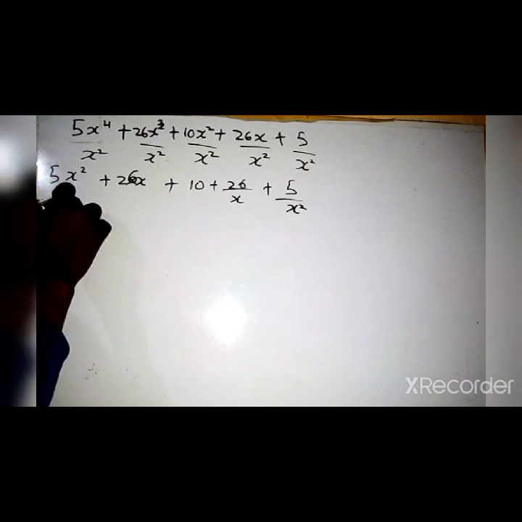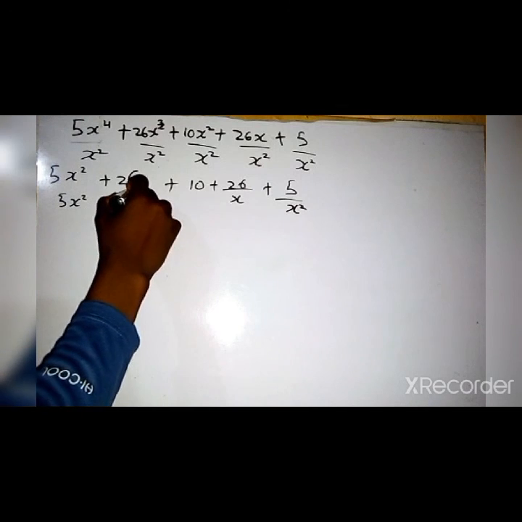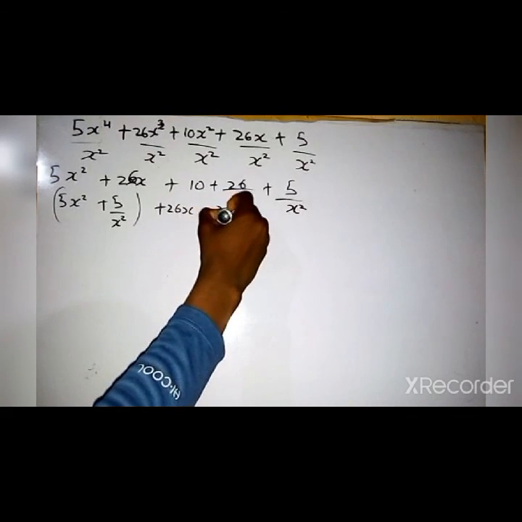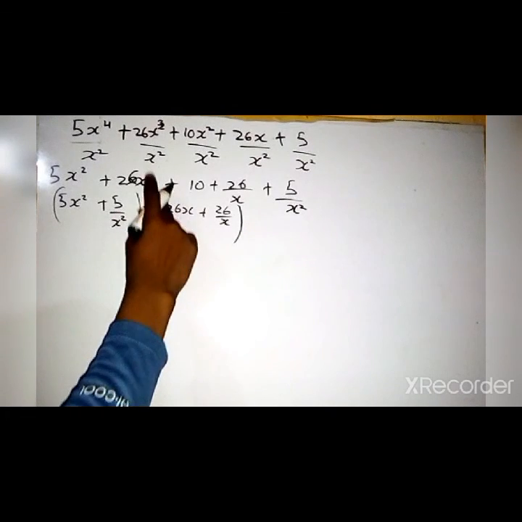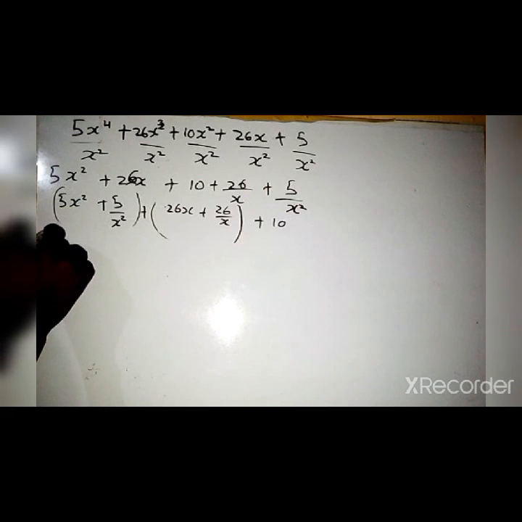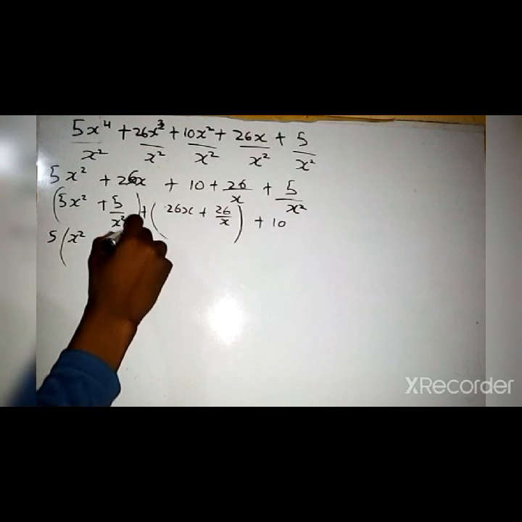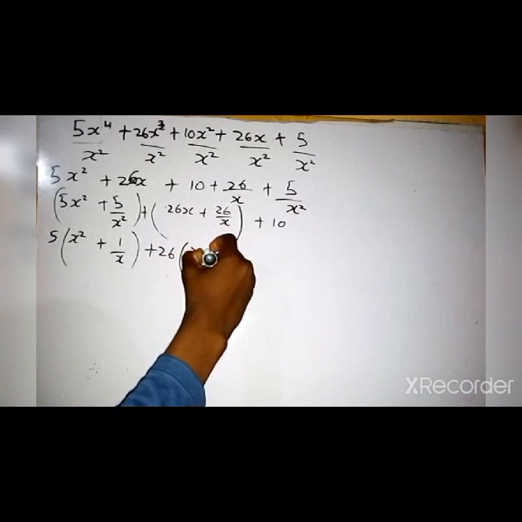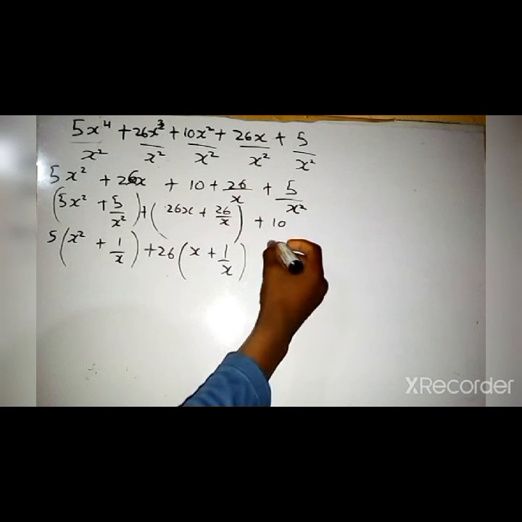So now bring them together: 5x^2 plus 5 over x^2, plus 26x plus 26 over x, plus 10. Now let's factor out. We have 5 common here, x^2 plus 1 over x^2. We also have 26 common, x plus 1 over x. When we expand it, we get this back, so plus 10.